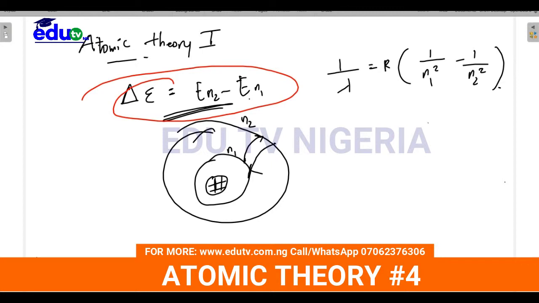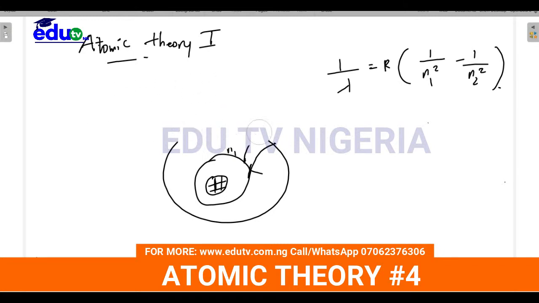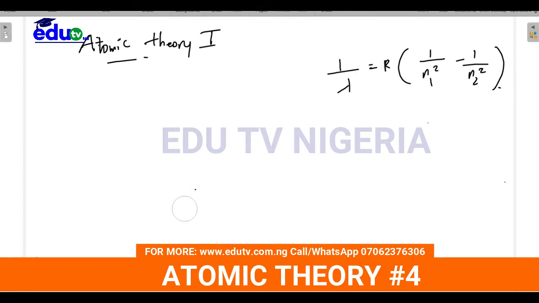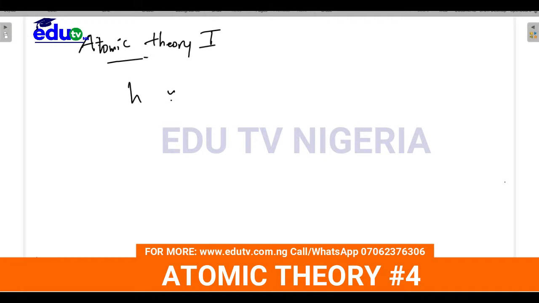So let me just give the equation to show it. You can't tell where the electron is if you know the momentum, and if you know the position of the electron, you can't tell its momentum. It's a simple equation with position and momentum.